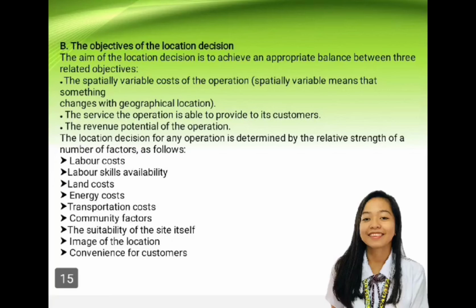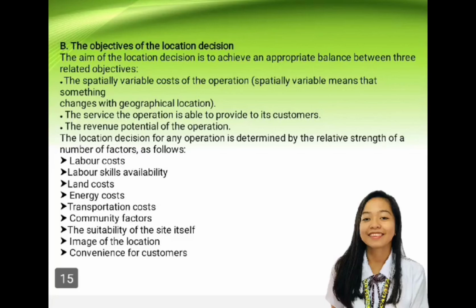So this is also one of the reasons in choosing a location before putting up a business: you need to consider the transportation cost of the customers. Because for example, if the transportation cost to your business is more expensive than the price of your products, the outcome is that they will not come, because the transportation cost is too expensive.